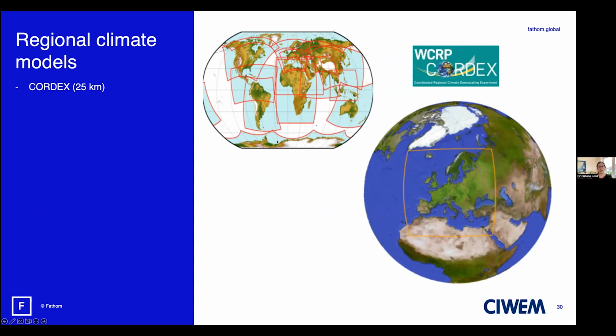Different regional downscaling models and techniques are used and evaluated, including dynamical downscaling using regional climate models, and then also statistical downscaling of global climate model data. And the current resolution of the downscaled data as part of the Cordex project is 25 kilometers. And you can see some of the different model domains on the left-hand map, and then a close-up of the European domain on the right-hand map. So you can see a much smaller area is covered.